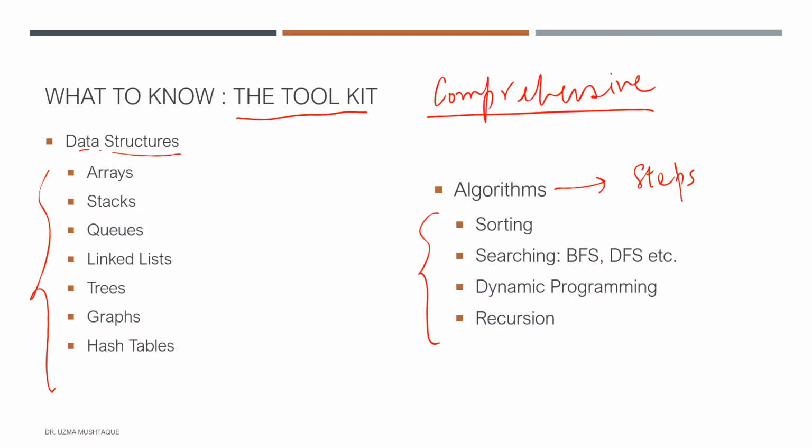That is because 90% of the problems that we encounter, whether in an interview or on any problem in your computer science class, whether it's homework or exam, is essentially focused around these topics, which is why after doing a lot of research, I zeroed in on these data structures and algorithms. So we'll focus on these topics and solve problems using these. Okay, so that is going to be my toolkit.